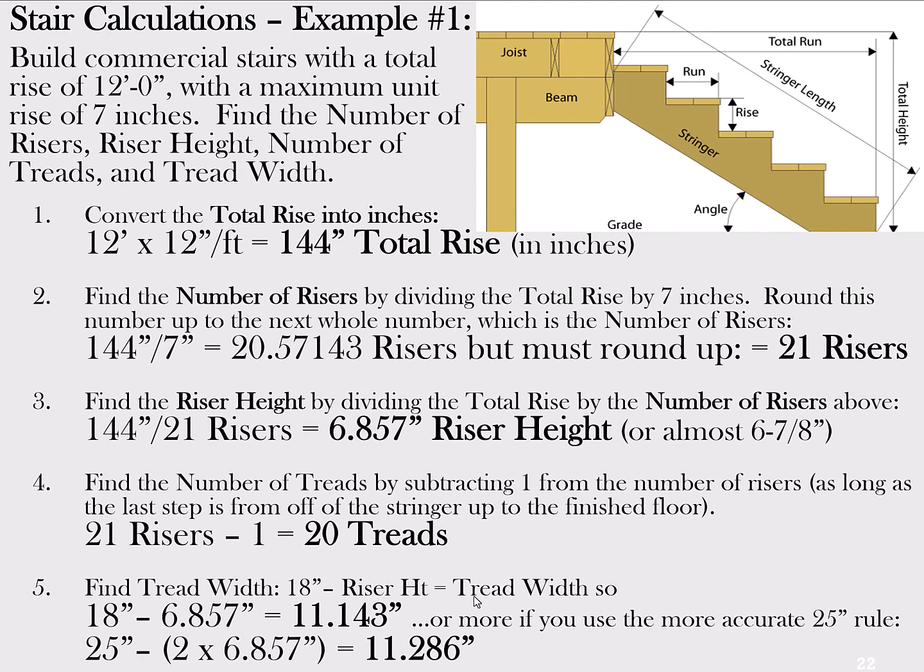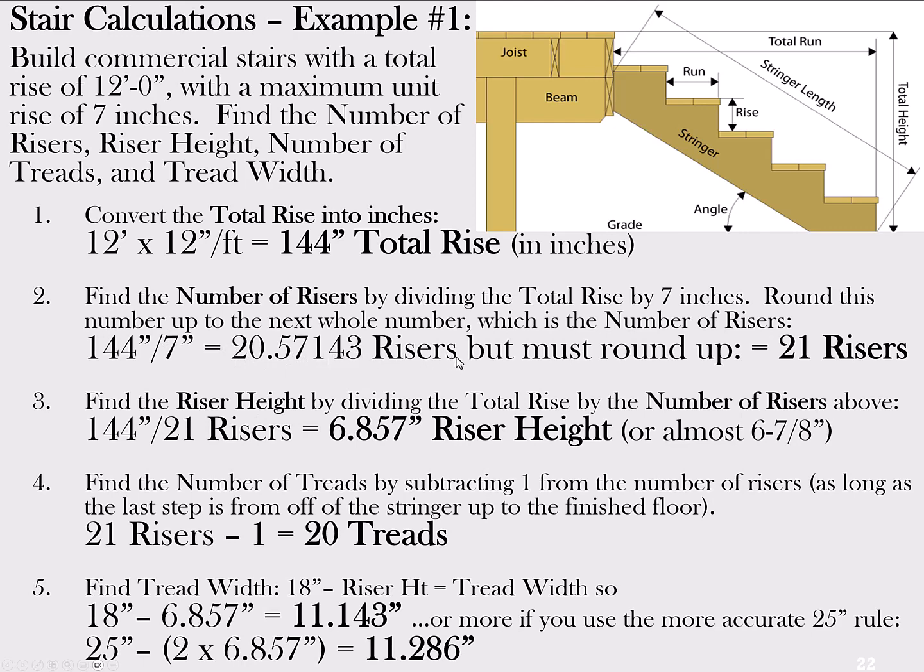Okay, so step 1, convert the total rise into inches. Well, this is pretty straightforward. There's no extra inches to add. So it's just 12 feet times 12 inches. That's 144 inches total rise. Now, in step 2 and step 3, we're going to use that number, 144 inches, twice. So step 2, we find the total number of risers. We've got 144 inches divided by 7 inches, and I end up with 20.57143 risers.